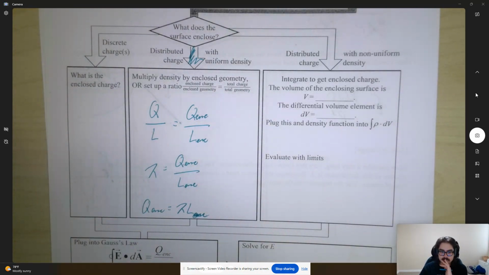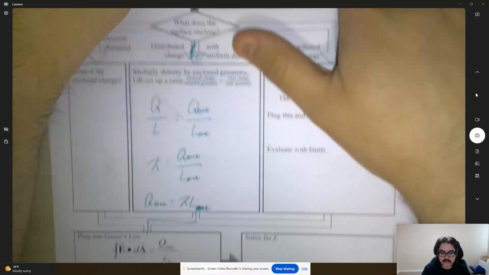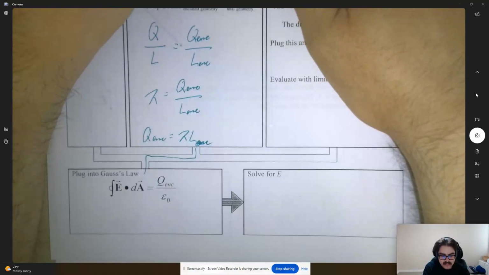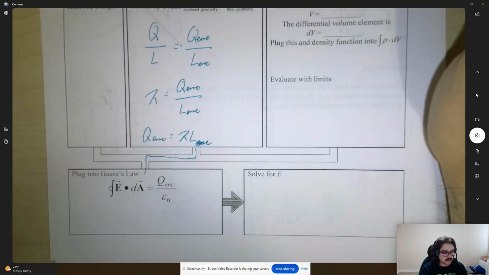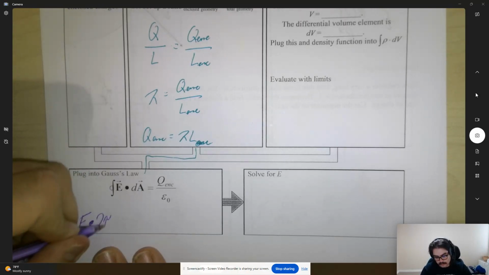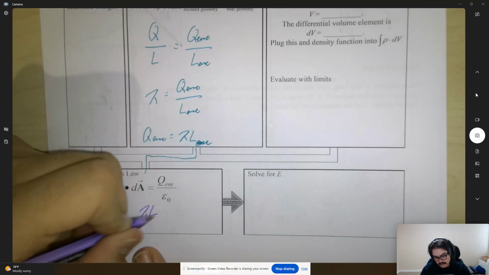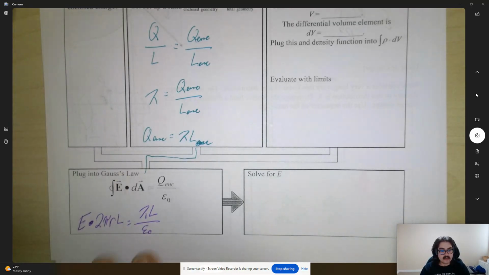So now we're moving along and plugging into Gauss's law, and all we have to do is get E dot 2 pi RL equals lambda times L over epsilon naught. And all we have to do now is divide the 2 pi RL on both sides.